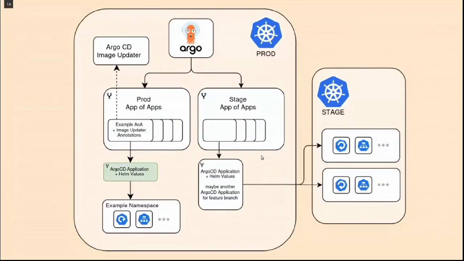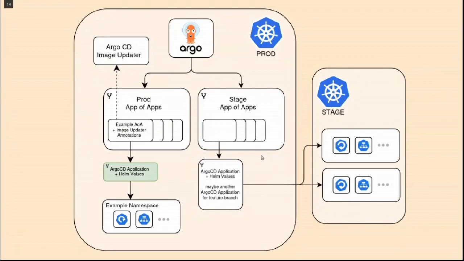By the way, we deploy to production using Git tags, version tags like semantic versioning, and to the stage we usually deploy all that is on the stage branch, and this is deployed automatically.